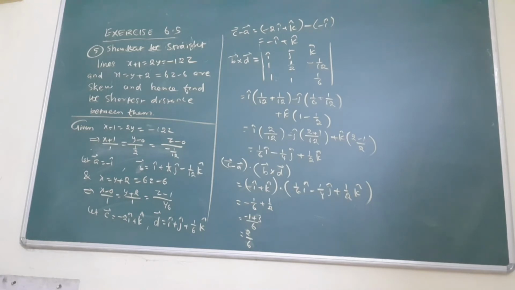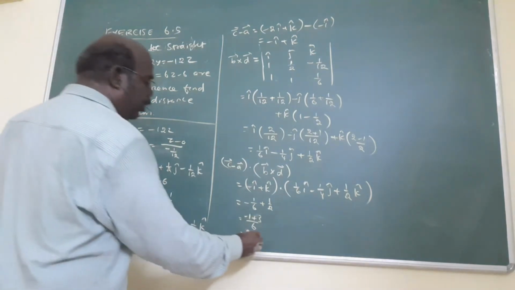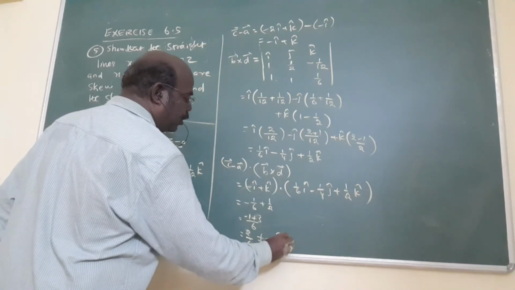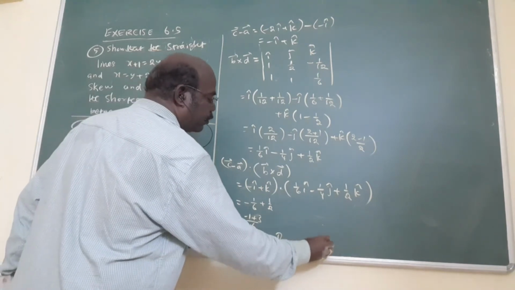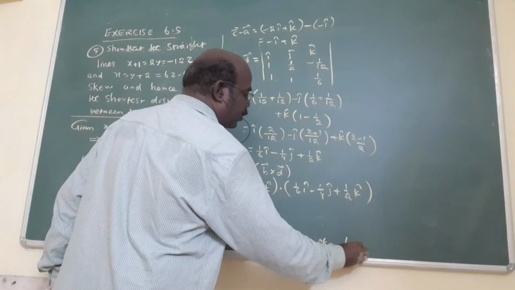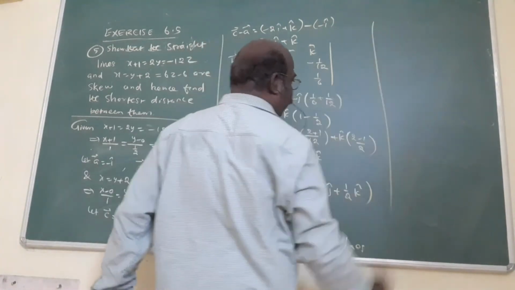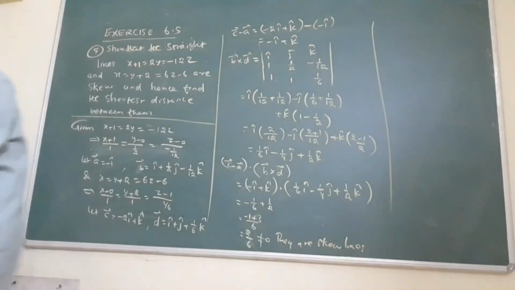They are skew lines. With 0 it means intersecting lines. Not equal to 0 means skew lines. Now take the skew lines formula and substitute.